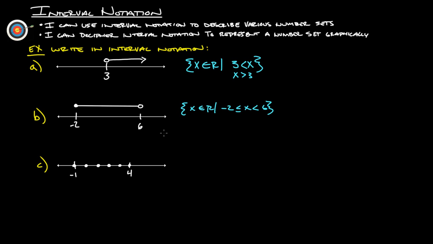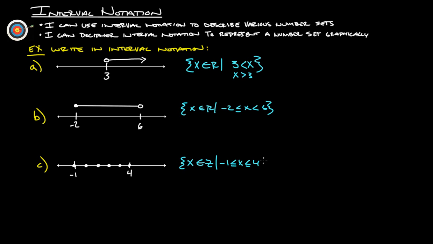On C, we've got the dots here, so that means either the natural numbers or the integers. Since this one starts at -1 and includes -1, it's got to be the integers because natural numbers start at 0. So we're going to do x, an element of the integers such that we're going from -1 to 4, so x is greater than or equal to -1 and less than or equal to 4.